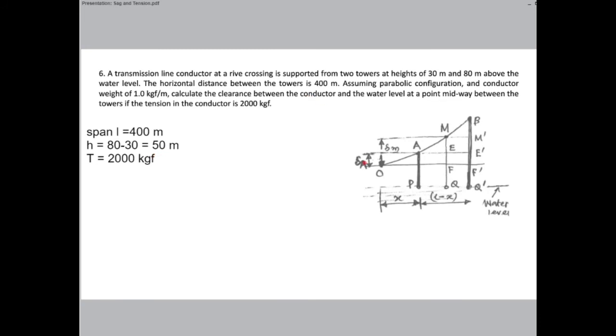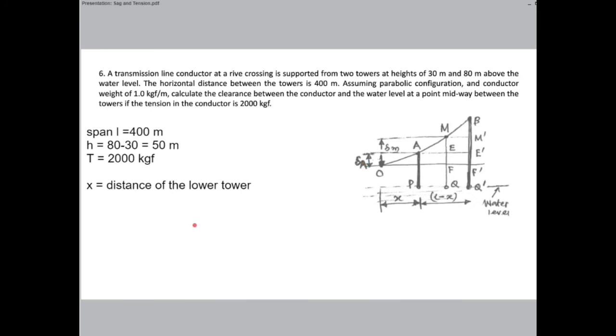We can assume that x is the distance of the lower tower from the lowest point of the conductor. We don't know it now, we are trying to find out where the tower with smaller height is located from the lowest point of the conductor.